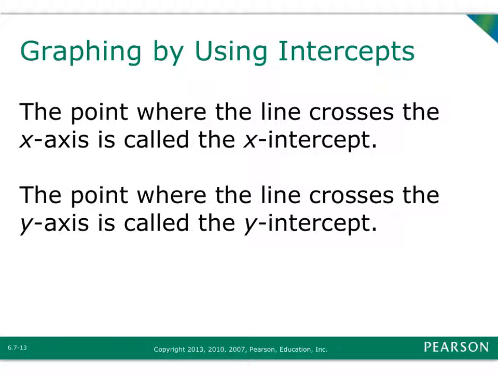For the x-intercept, x is a number, but y is always 0. This is the x-intercept scenario. When we have the y-intercept, x is 0 and y is a number. That's considered the y-intercept.